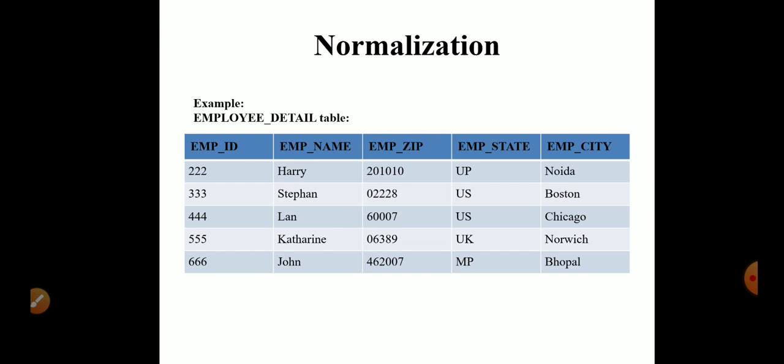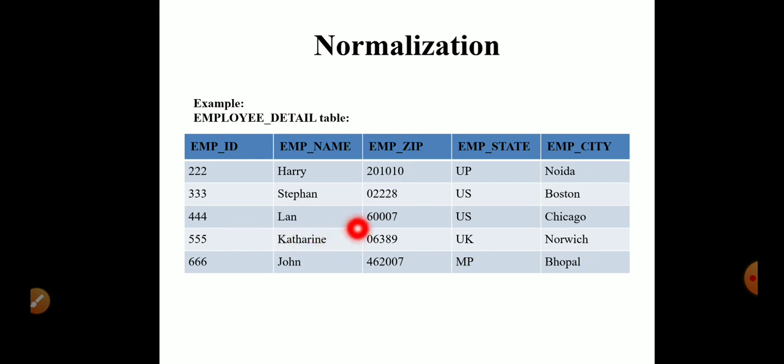The employee detail table consists of attributes employee ID, employee name, employee zip, employee state, employee city. Here the prime attribute is employee ID.